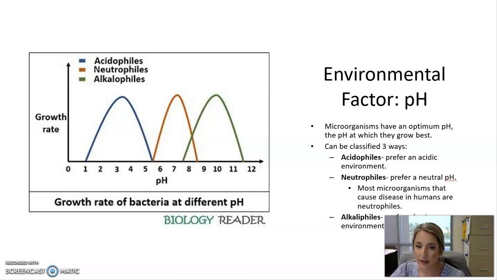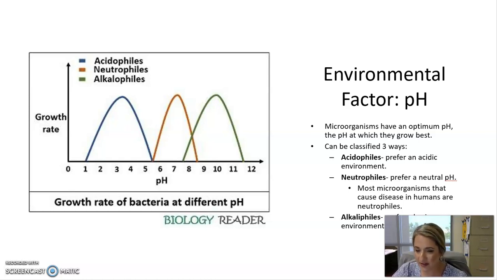So for example, Helicobacter pylori that can cause gastric ulcers in the stomach, that would be an acidophile. That type of bacterium would be able to thrive in the high acid content of our stomach with the gastric juices.